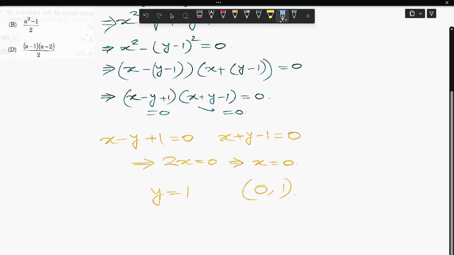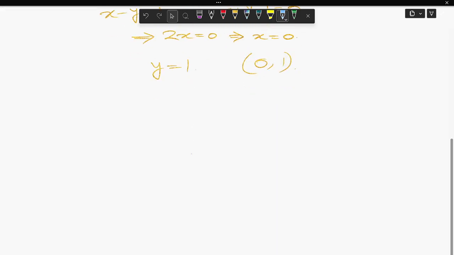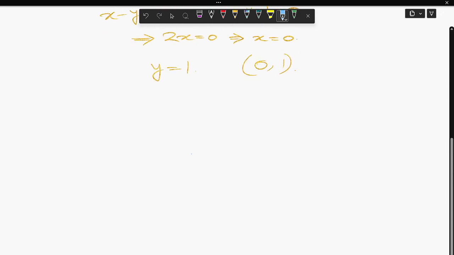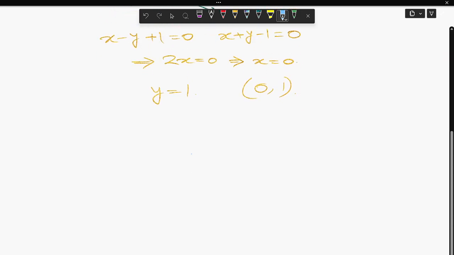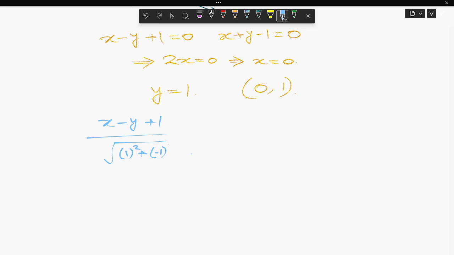So that will be (x minus y plus 1) by the square root of 1 square plus minus 1 square equals plus minus (x plus y minus 1) by the square root of 1 square plus 1 square.